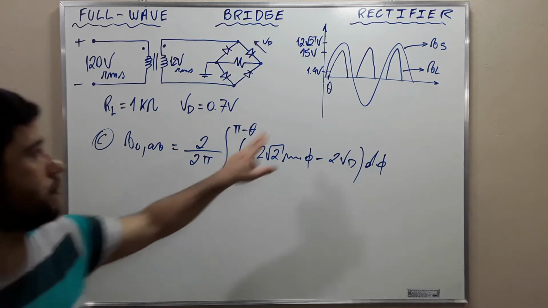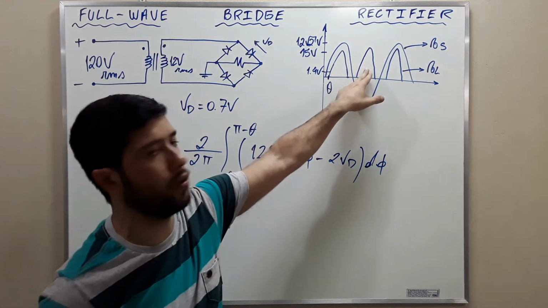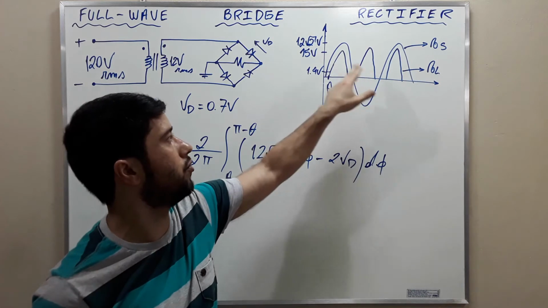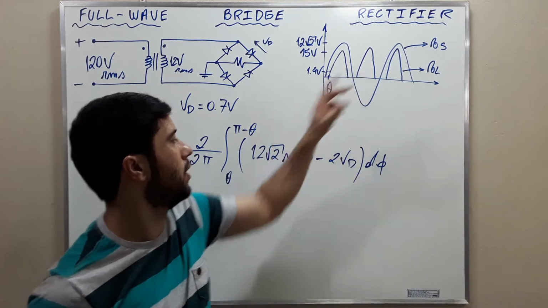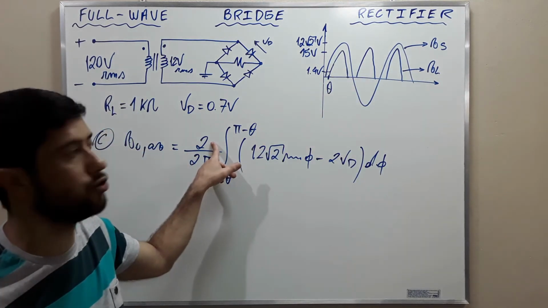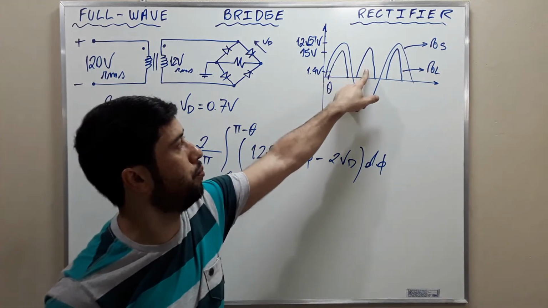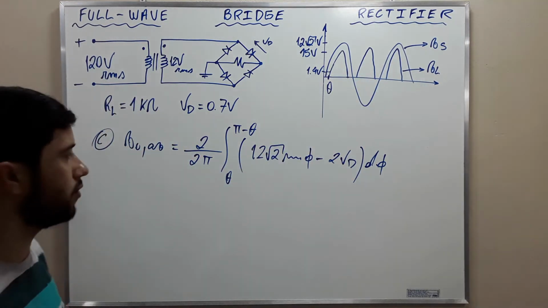And there will be 2 of these in 360 degrees, here and here. That's why we have to multiply by 2. There will be 2 of these peaks here in 360 degrees.